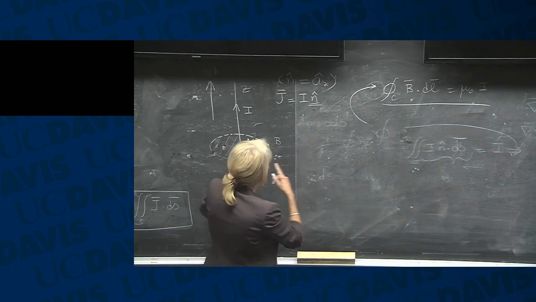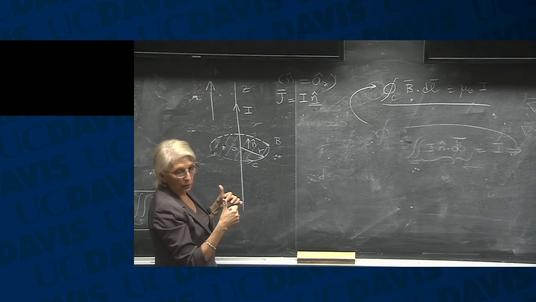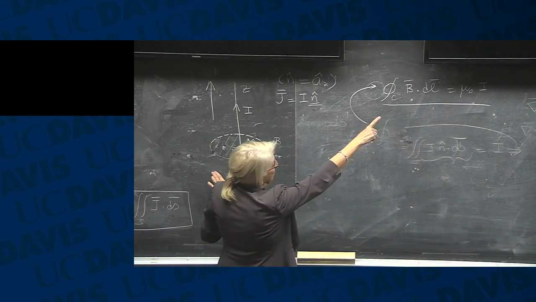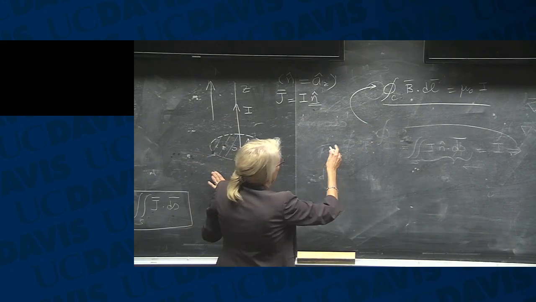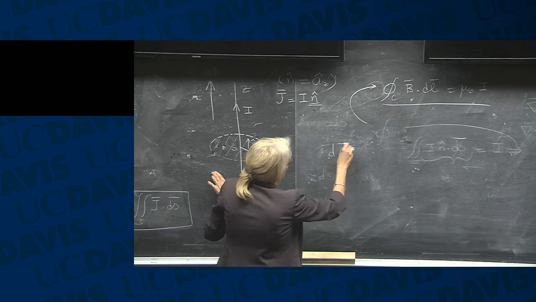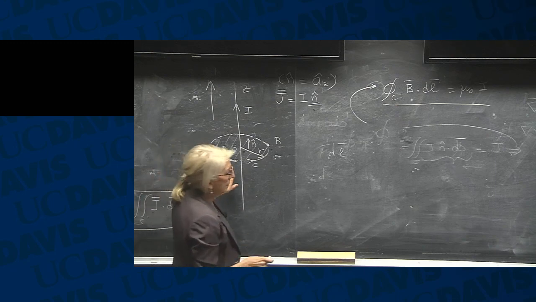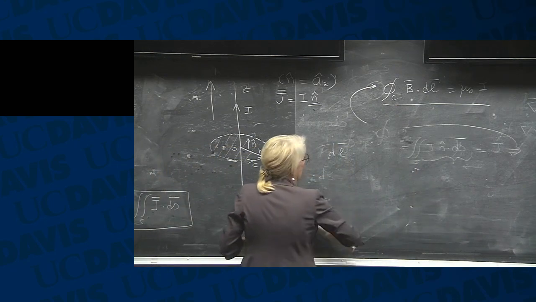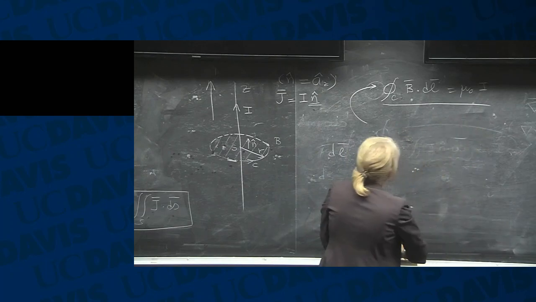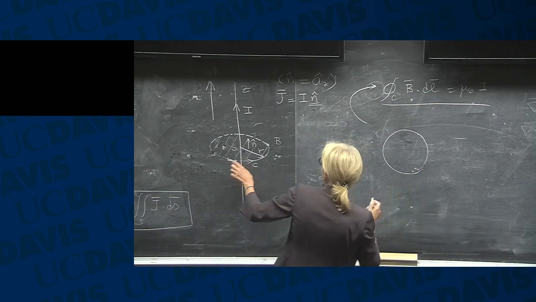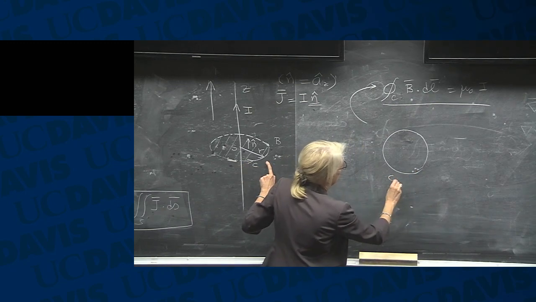So we found that B, first of all, is constant in value. But how about the direction? dl is a small section on this circle. Let me take this circle to show you exactly how we're going to integrate. This is the circle that I have here. This is C.